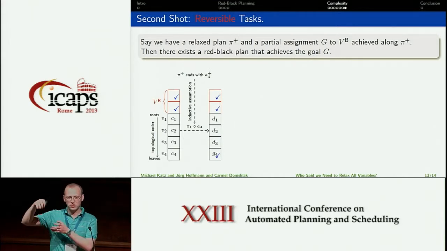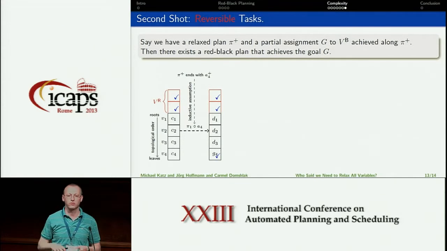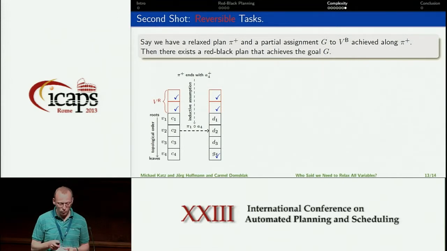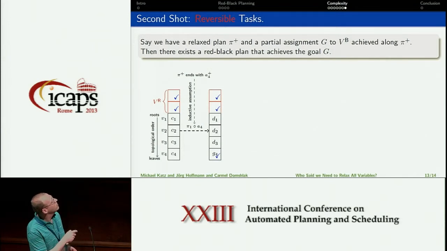For each such subset of values, which is a partial state, we can achieve this partial state by a red-black plan. And it goes as follows. You have your relaxed plan, and we're going to use it in order to build our red-black plan. Assume that we have an action A4 that achieves the last goal value G4. That's our lowest goal value.